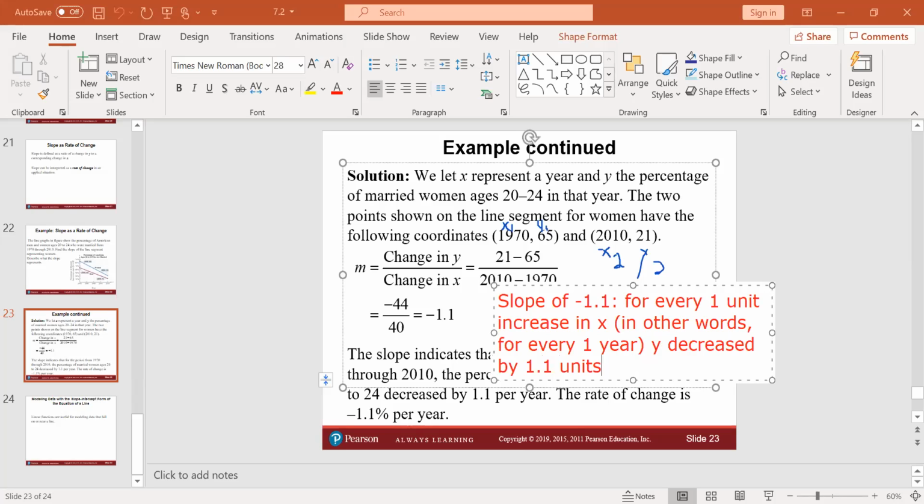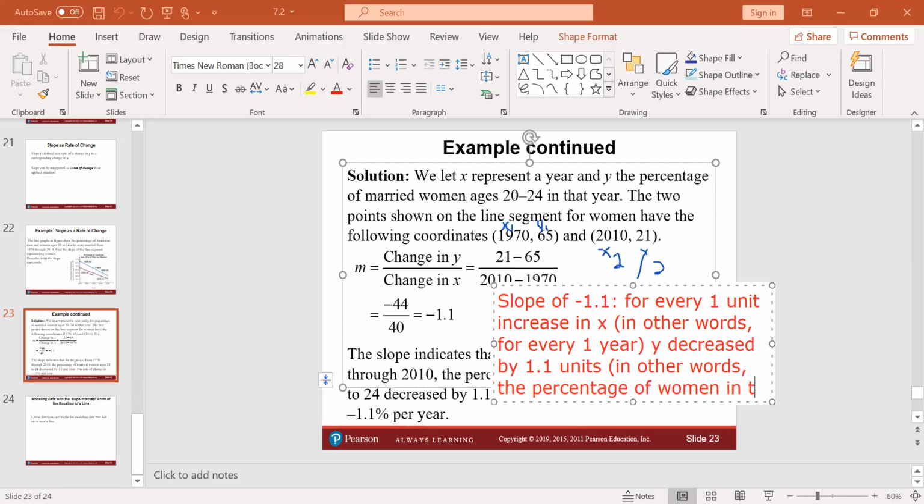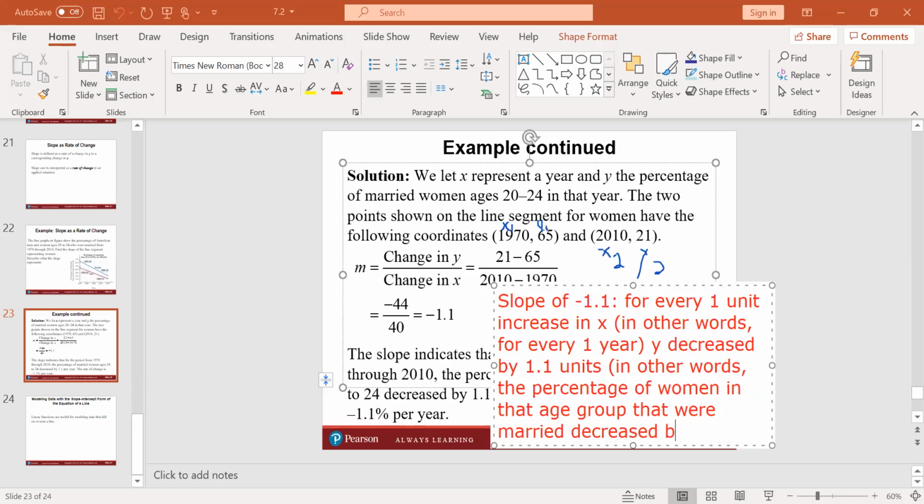It's negative, that's why I know it's decreased. In other words, the percentage of women in that age group that were married decreased by 1.1%. That's what it means. Every year, on average, now this is an average, that's really the better interpretation.